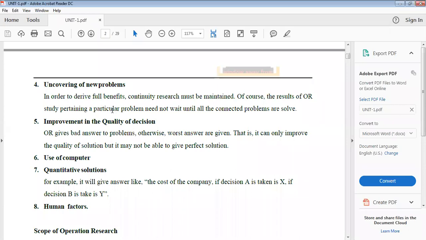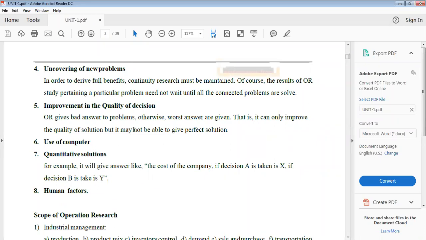While you are dealing with this, some other problems are going to surface, and if you go on counting those problems also, you cannot find an optimal solution. So with the existing data, the existing workers, the existing production line, you can go for an optimal solution by setting aside the new problems. Those new problems can later be solved and coupled together to find an optimal solution.